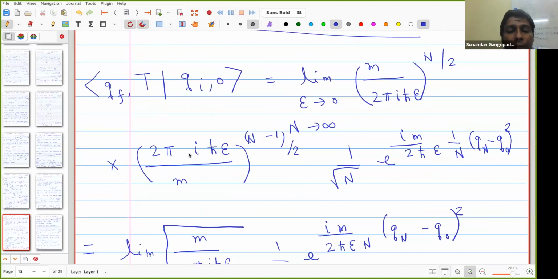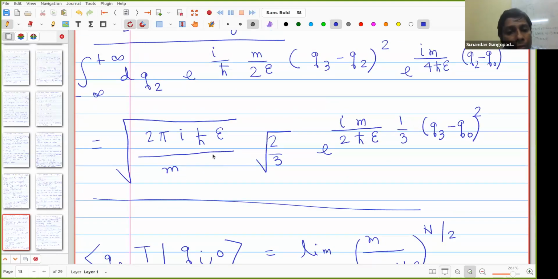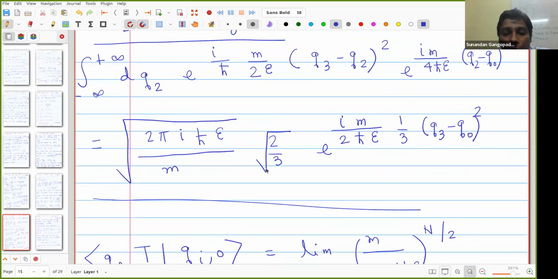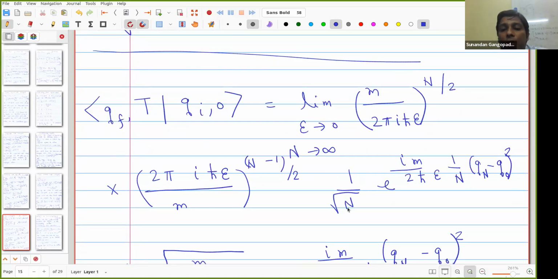So you will get 2 pi i h bar epsilon by m whole to the power of n-1 by 2. You will see that all these factors I had written down, this is 1 by square root 2, this is square root of 2 by 3. When you multiply all these factors out, what will remain is a factor of 1 by square root of n.